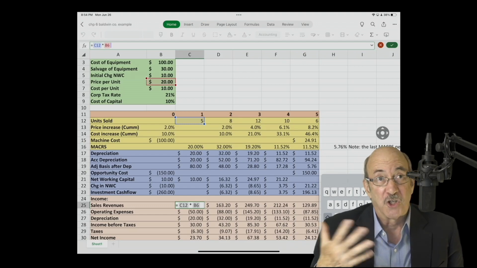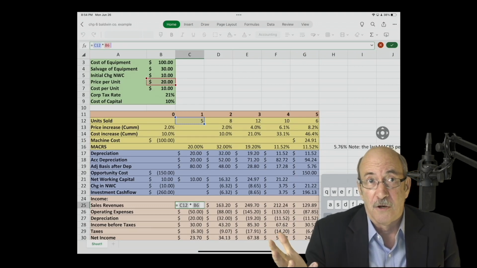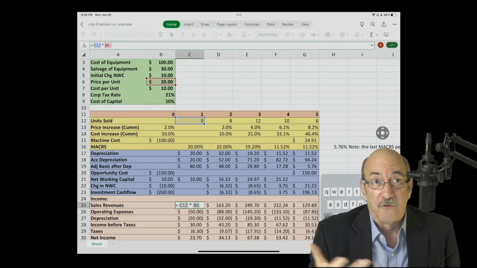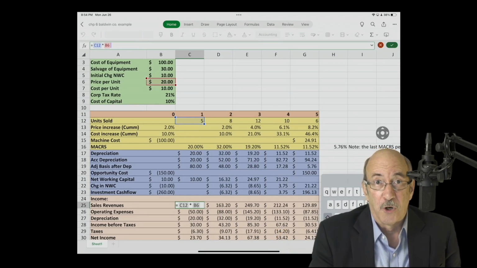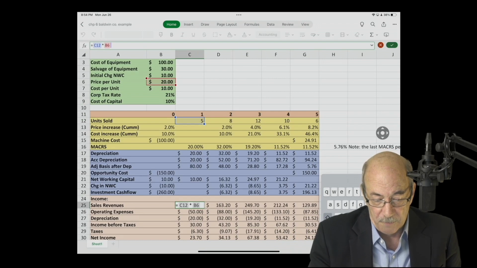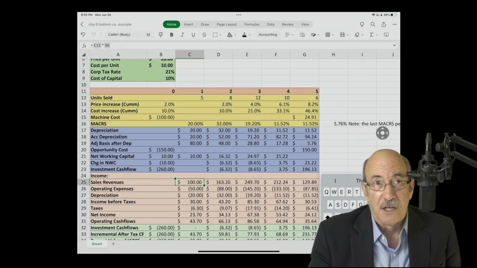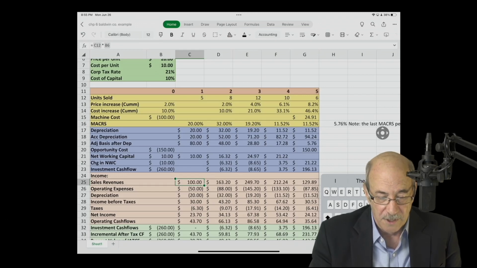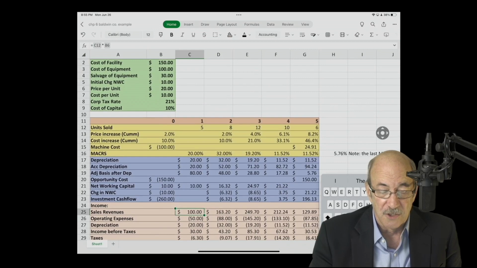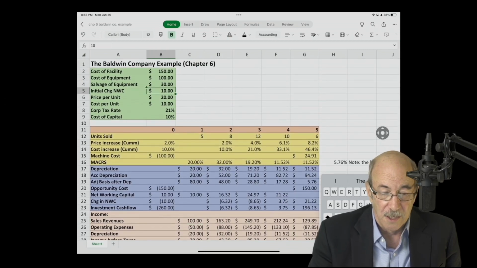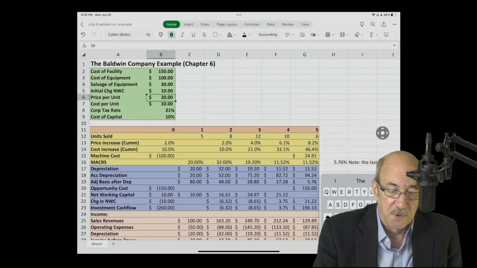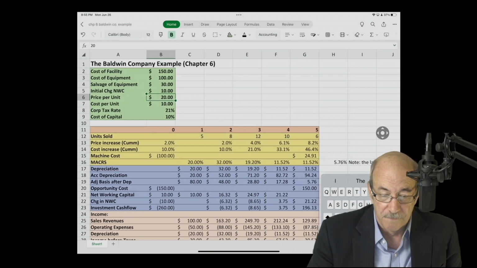If I change that sales figure, number of units, or if I change the price per unit, everything updates still. So I don't have to monkey around down here in the income and expense section. All I have to do is change it up here, and this line.